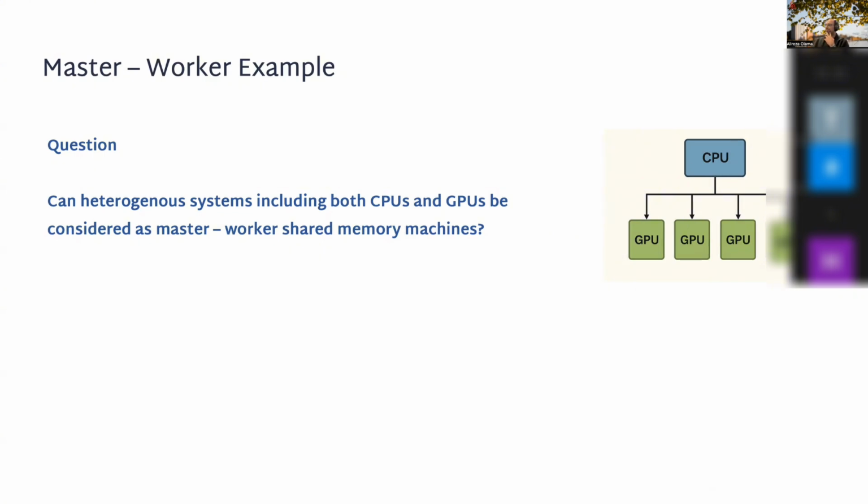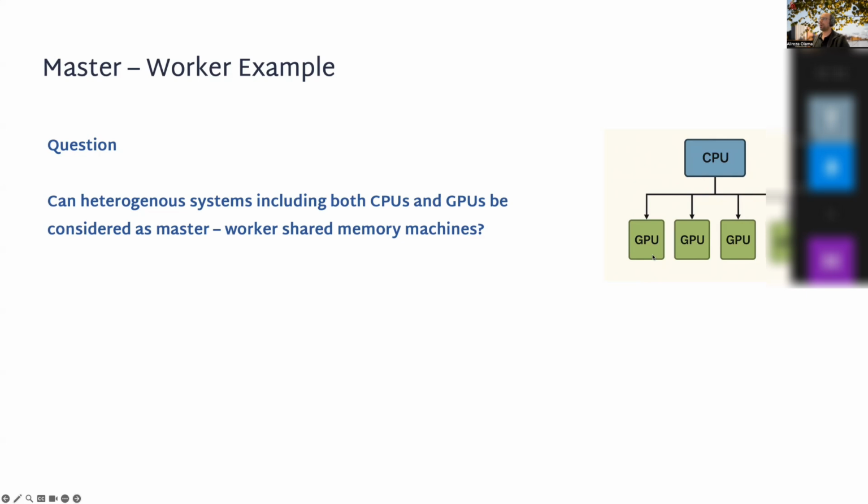You would think it is. Well, in shared memory machines, the memory is shared between the different processors. But in this kind of architecture, when you have a CPU and different GPUs, the system's memory, or the CPU's memory, is physically different from the GPU memory.